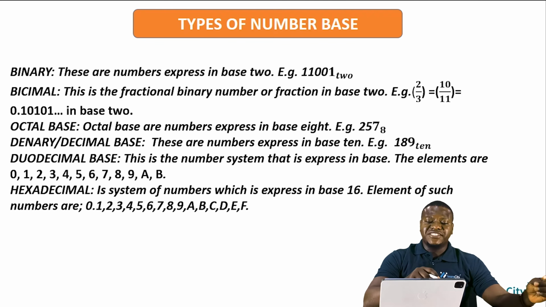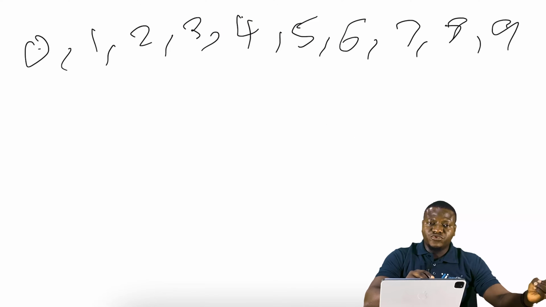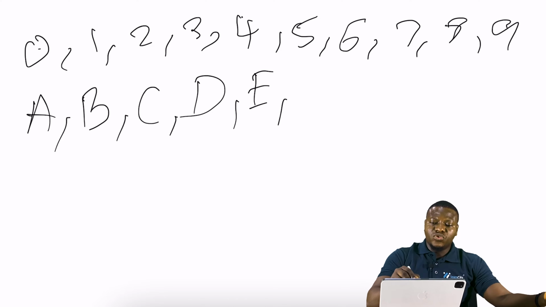So when you have hexadecimal numbers, you have 0, 1, 2, 3, 4, 5, 6, 7, 8, 9. Instead of 10, you have A. Instead of 11, you have B. Instead of 12, you have C. Instead of 13, you have D. Instead of 14, you have E. Instead of 15, you have F.